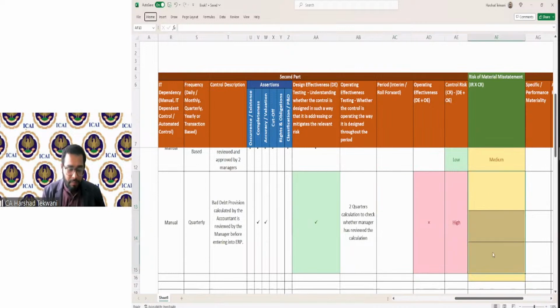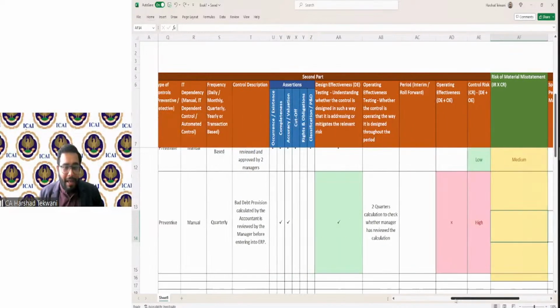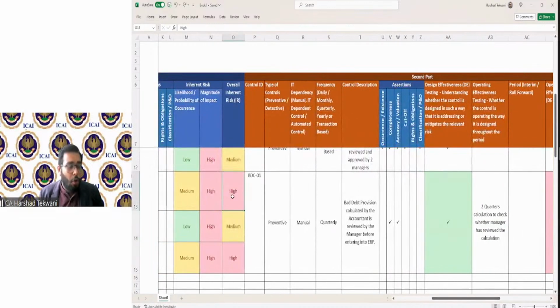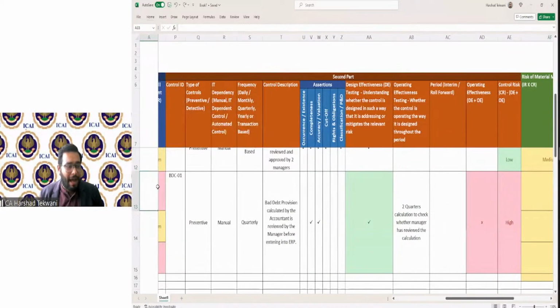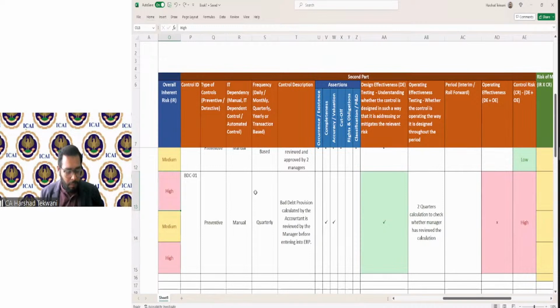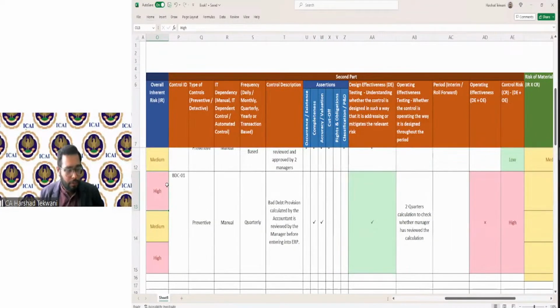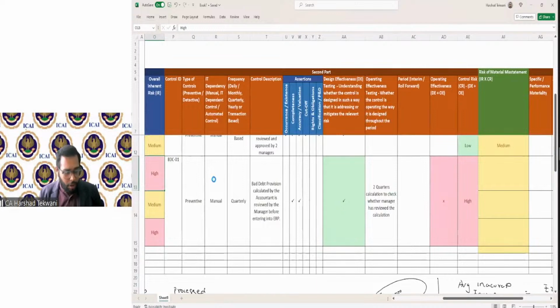In that case, I have a high control risk and a high overall inherent risk, so the overall risk of material misstatement will be high. Overall inherent risk was high, control risk is high, then it will become high.